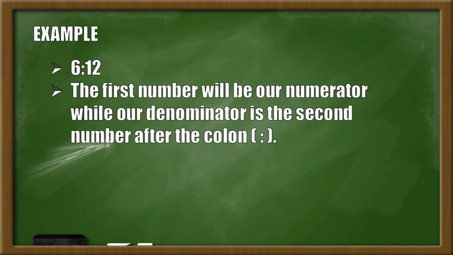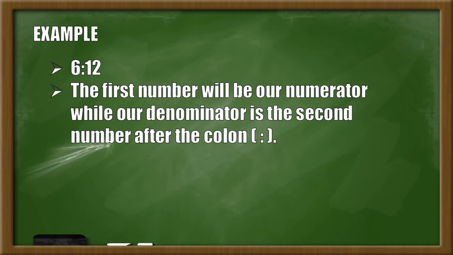The first number will be our numerator, while our denominator is the second number after the colon. Understood? I repeat, the first number will be our numerator. So what is our first number? Very good, the 6. So 6 will be our numerator. Then, our denominator is the second number after the colon.